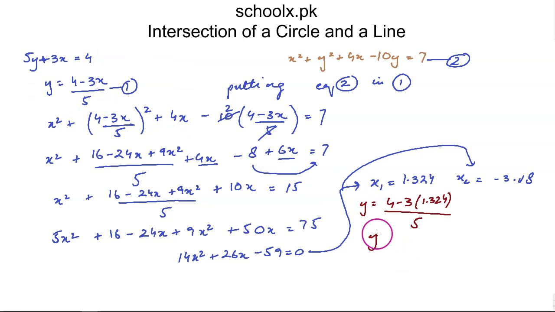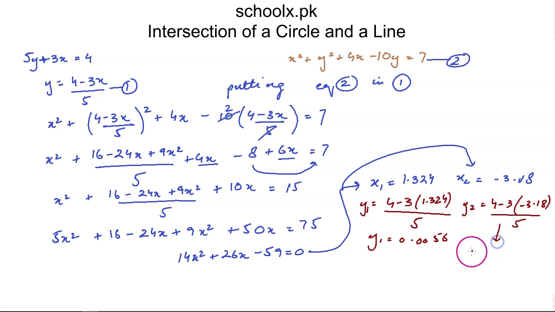For this x, let's name this y1. y1 is 0.0056, and for the other, let's label the value of y as y2. This is 4 minus 3 into negative 3.18 over 5. From this, I'll get the value of y2 equals 2.708.